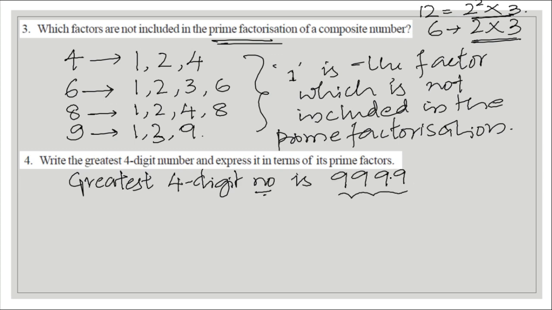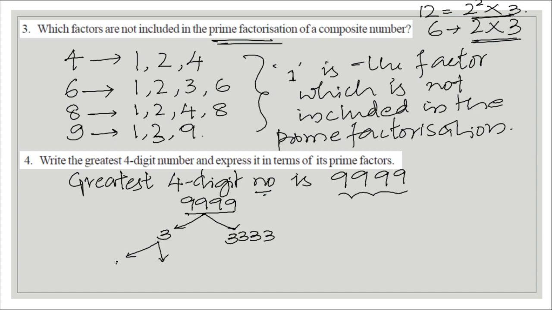This has to be prime factorized. Let me use a factor tree for representing the prime factorization. This number is divisible by 3, multiplied to 3333.